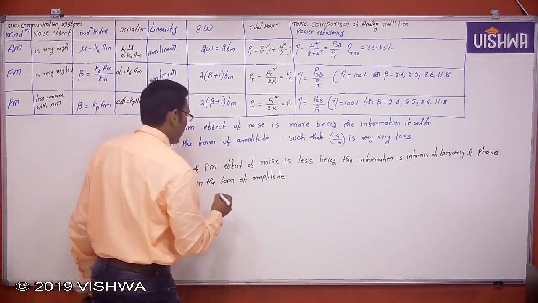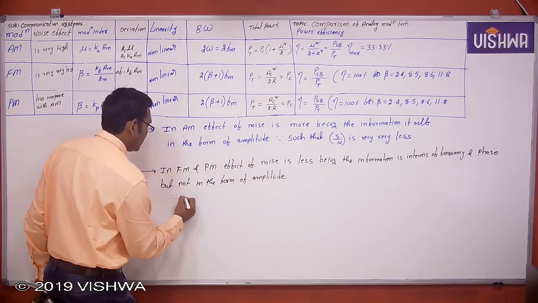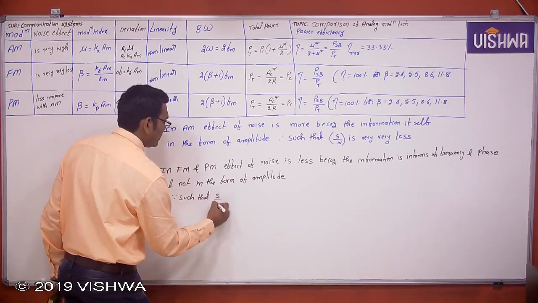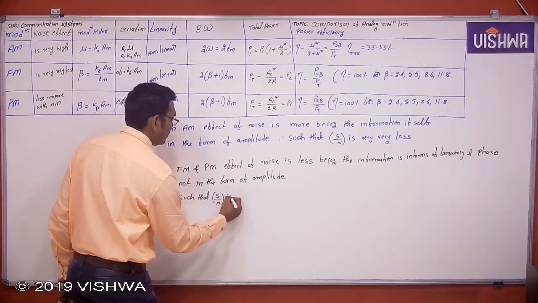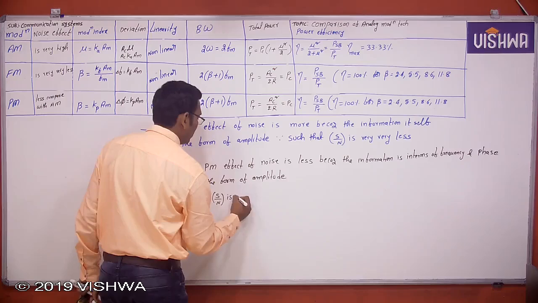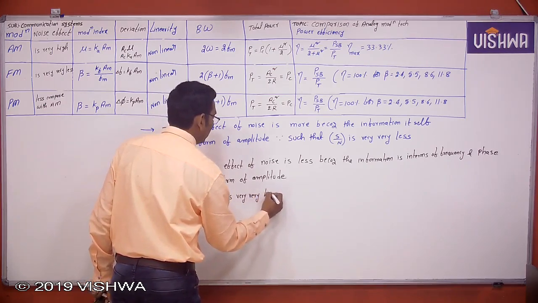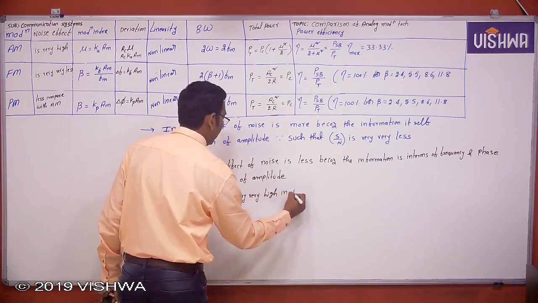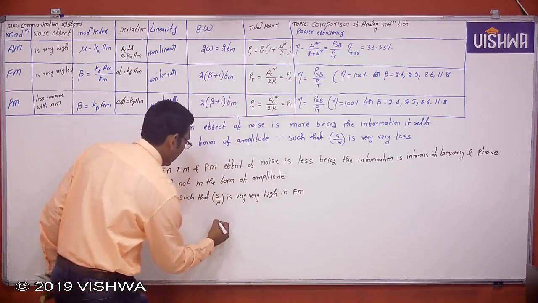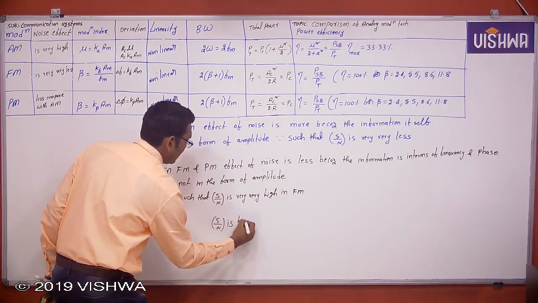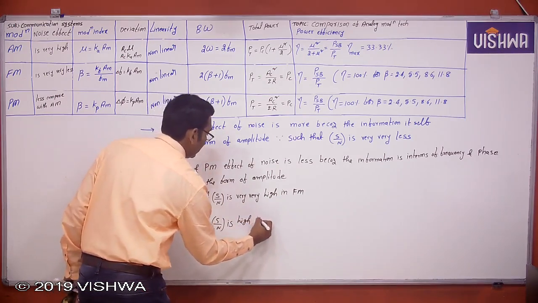Therefore, what we conclude is that the signal to noise ratio is very, very high in FM, and the signal to noise ratio is high in PM.